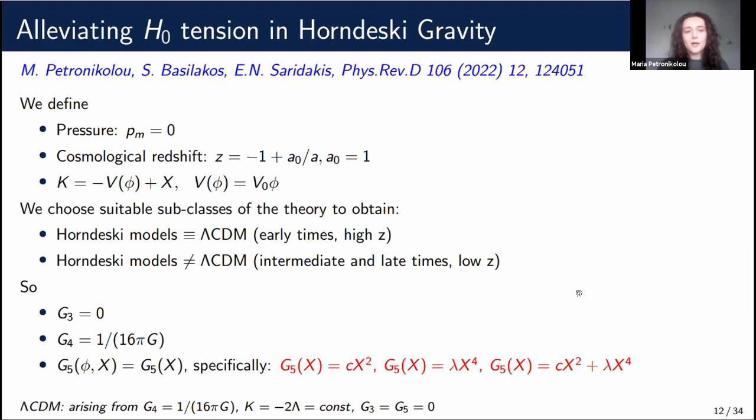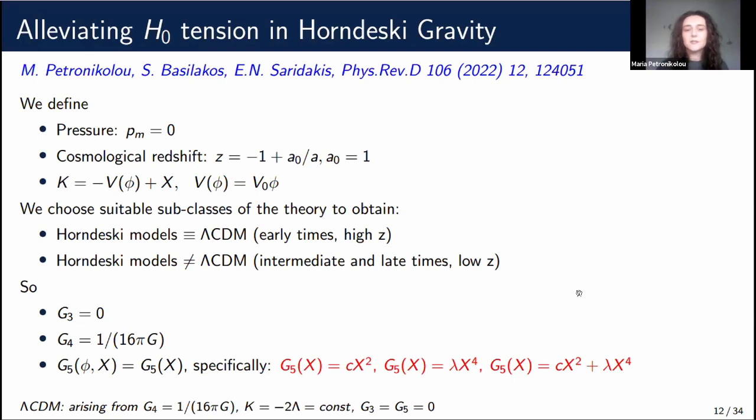So we set again the G3 term equal to 0 and the G4 term constant, and we choose to modify the G5 term each time in order to construct the subclasses. The G5 term, which we set to be shift-symmetric, is also the non-minimal coupling term of the theory. So we construct 3 subclasses.